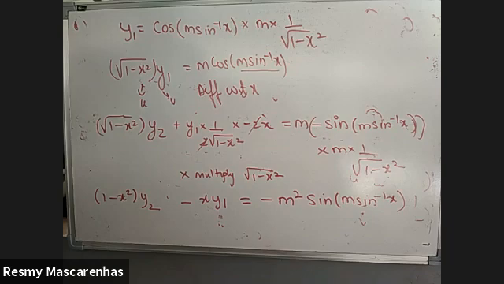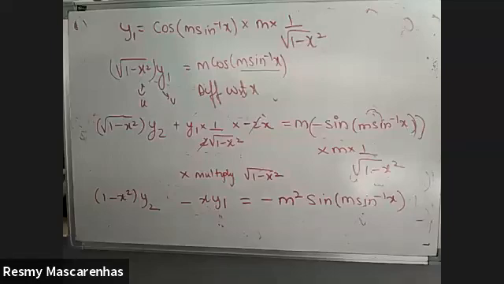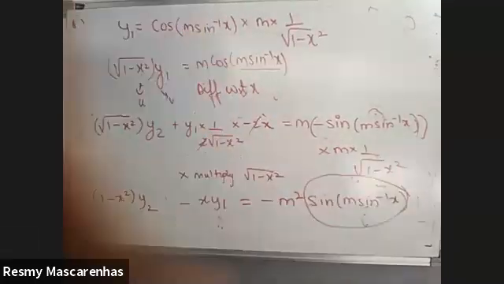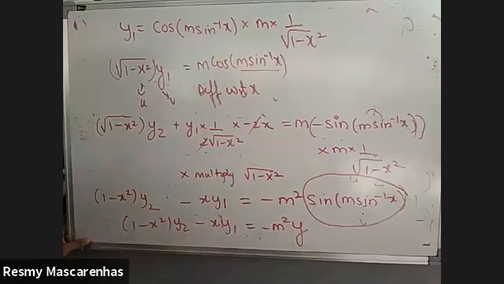And now one last step. If you notice, this turned out to be something I don't want. If you look in the first question itself, what is the value of this? Can anyone tell me what the substitution will be? Y. So this will be y, and then you can bring this to the other side, it will become plus, and you will get the answer.